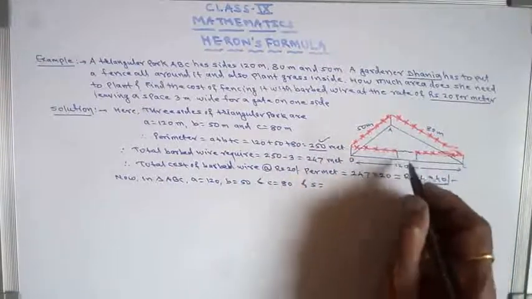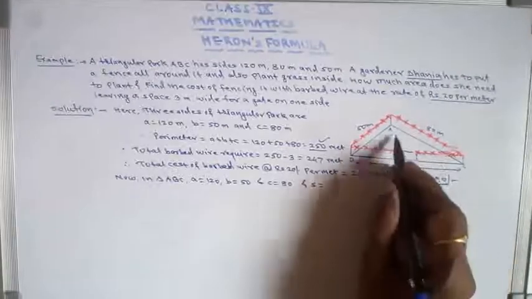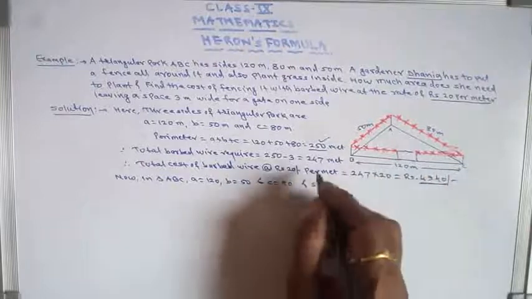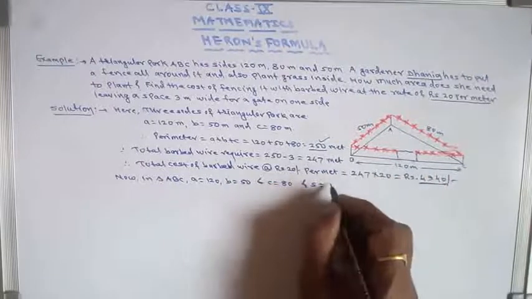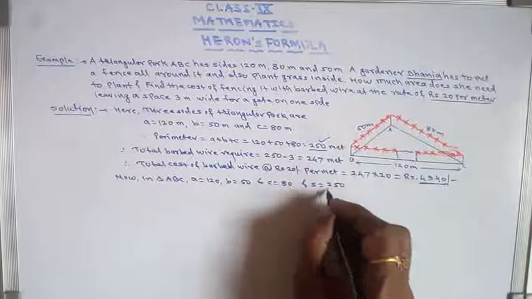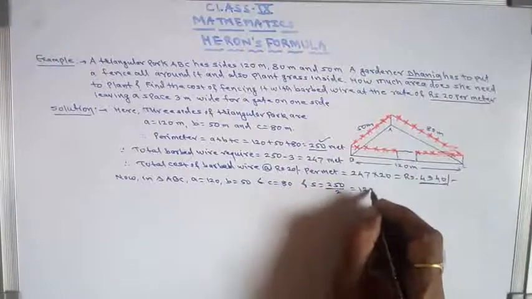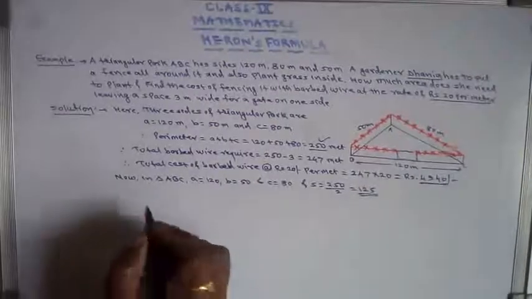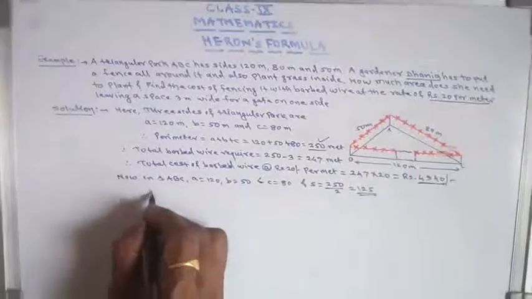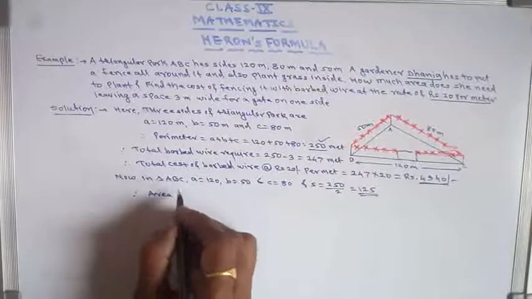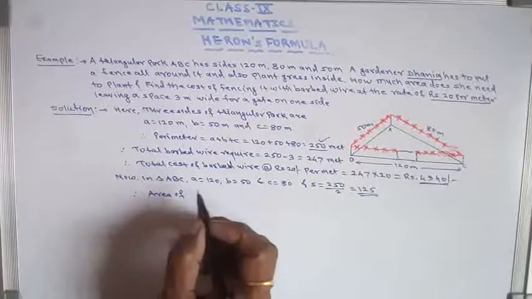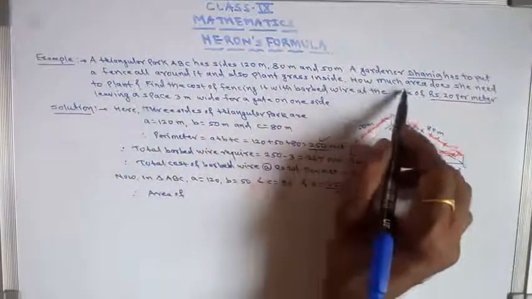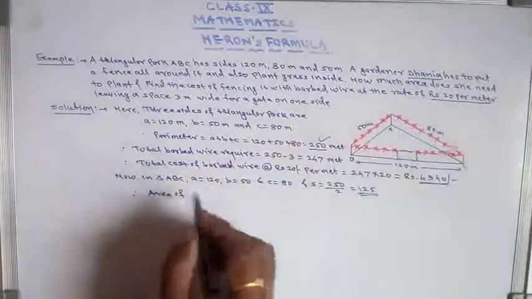Area will be the same, though there is a gate, but the land inside this triangular park will be the same. Okay, therefore S is equal to 250 divided by 2, that is 125. Okay, therefore area of the, what we have to find, how much area does she need to plant.